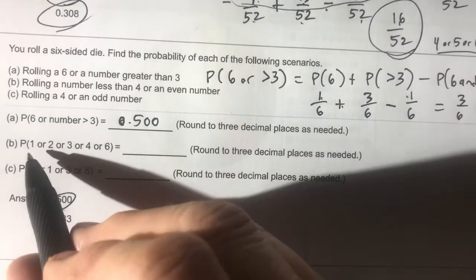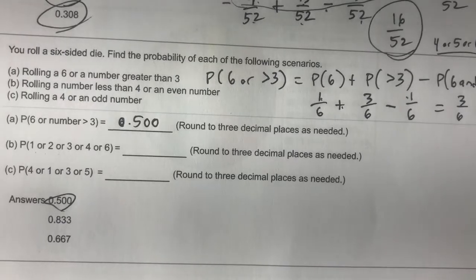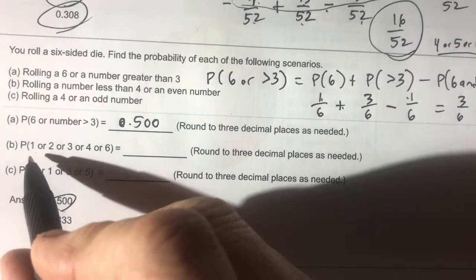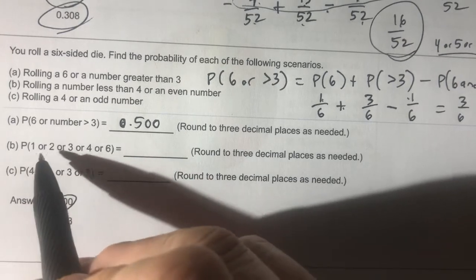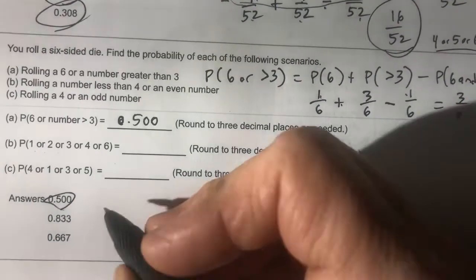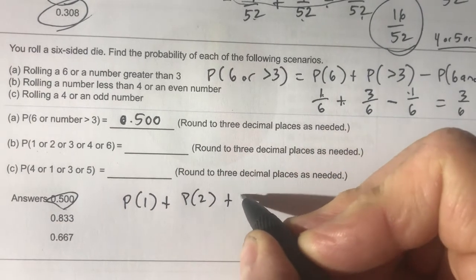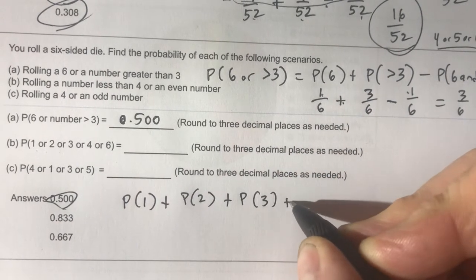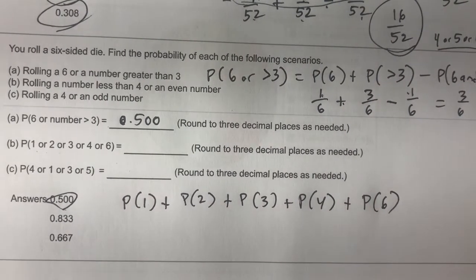Okay, look at this one. Probability of 1 or 2 or 3 or 4 or 6. All right. These are mutually exclusive. It's not possible to get 2 of these at the same time. So this is going to be the probability of getting a 1 plus the probability of getting a 2 plus the probability of getting a 3 plus the probability of getting a 4 plus the probability of getting a 6.